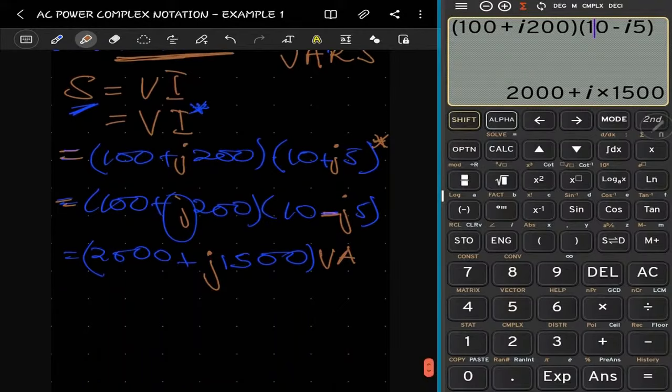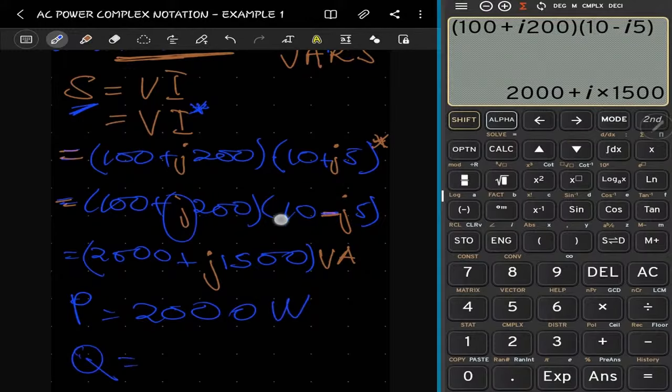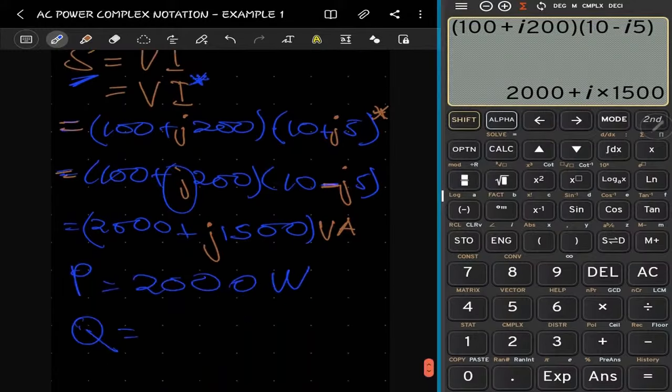Because we have it in this notation, it's very clear that we end up getting P per the introduction that we had on AC power notation. So this would be this, watts. And then we have the reactive power. So reactive volt amperes, that's the reactive power.